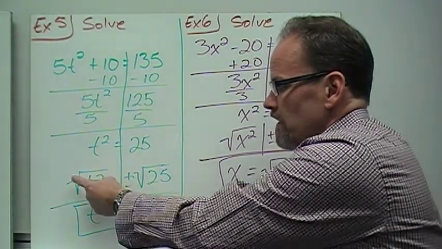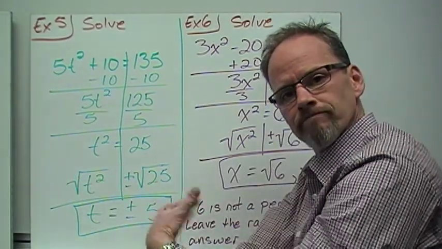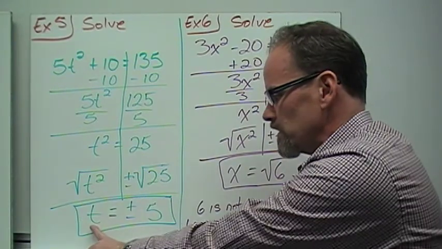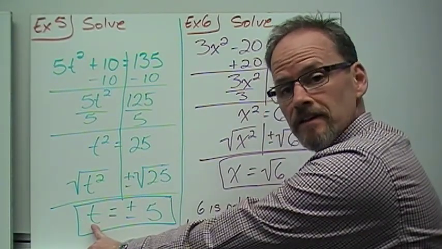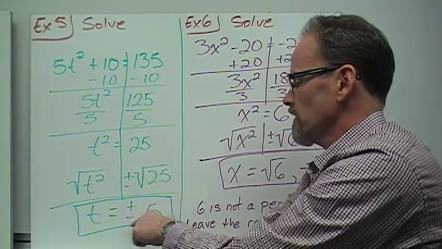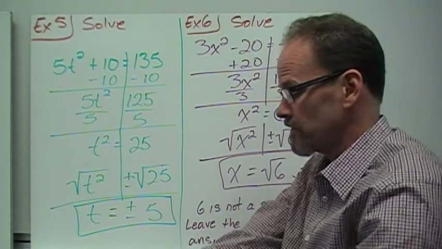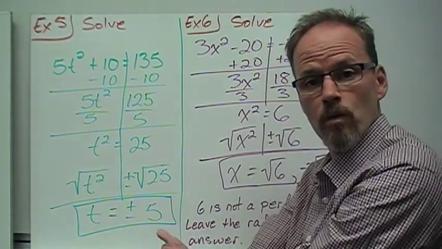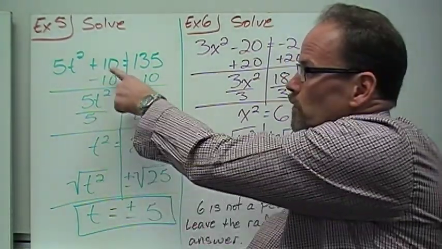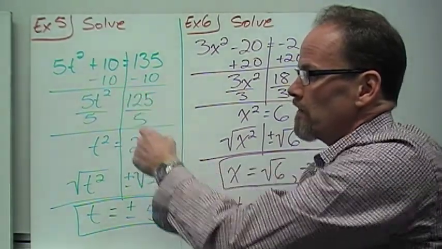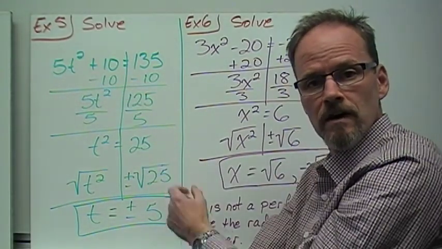And what happens here is the square root and the square symbol, they just cancel out, giving me t. That's what I want. We isolated t, and we've got plus or minus 5. Two solutions, positive 5 or negative 5 will work in here. One thing that I didn't show you, but we'll show in class is we're going to test them.